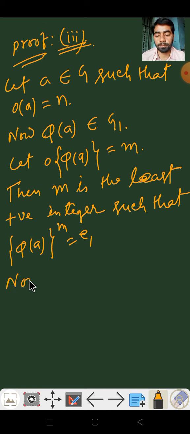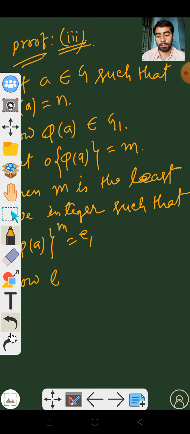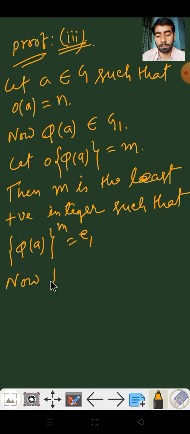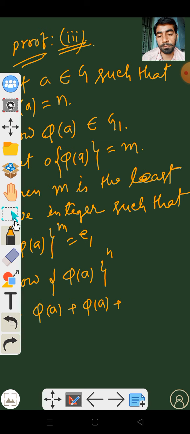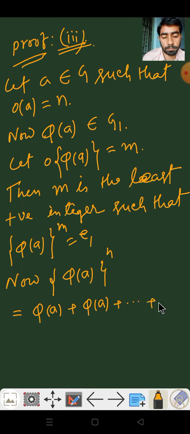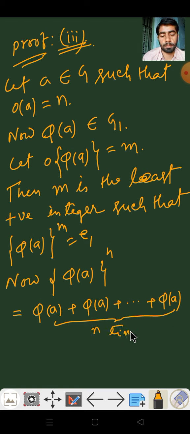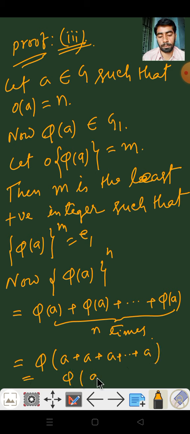Now our observation is that phi of A to the power n will equal phi of A plus phi of A plus phi of A, n times, which will equal phi of A plus A, n times, which is phi of A to the power n.